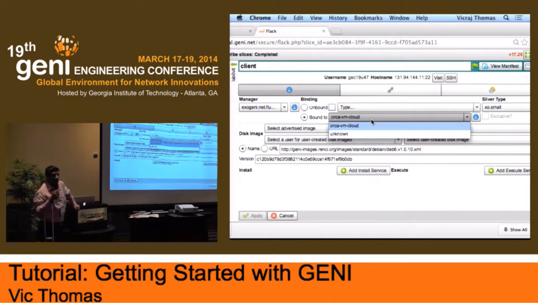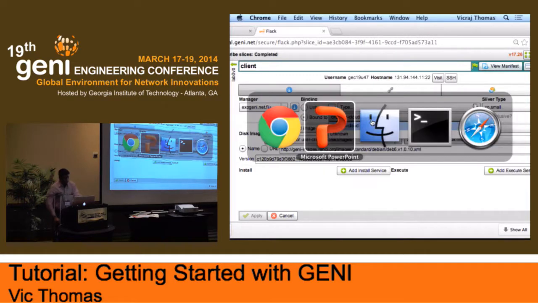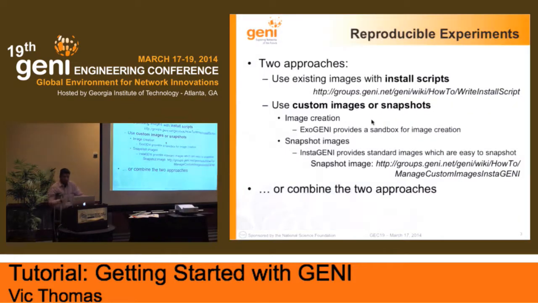Next time you come, in your drop down, you can find that image instead of Fedora or Ubuntu. You can specify that and load that instead. So it'll come up already configured with all the things you did previously. Or you could do both. You can do a combination of custom image and install scripts.